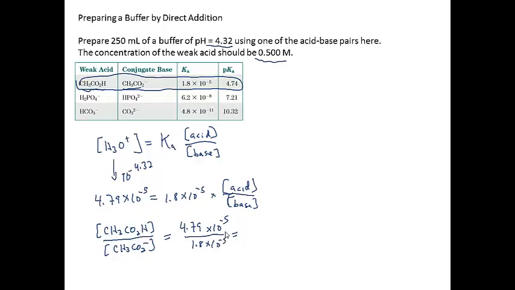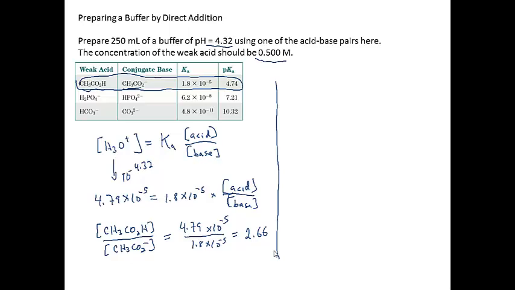If you divide those, you get 2.66, which means our buffer needs 2.66 times as much acetic acid as acetate, which makes sense because the pH is lower than the pKa, which means that you need to add some more acid to get it a bit more acidic.